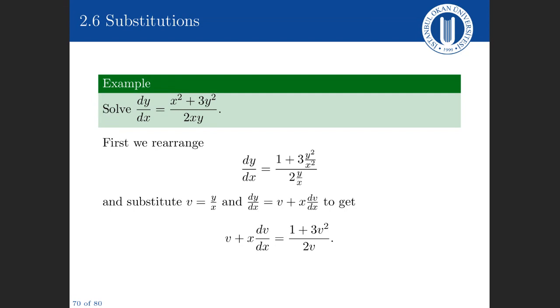So we do our substitutions. Instead of y over x, we write v. We're going to get v squared and v instead of y over x squared and y over x. And we do the substitution. Instead of dy/dx, we have v plus x dv/dx.